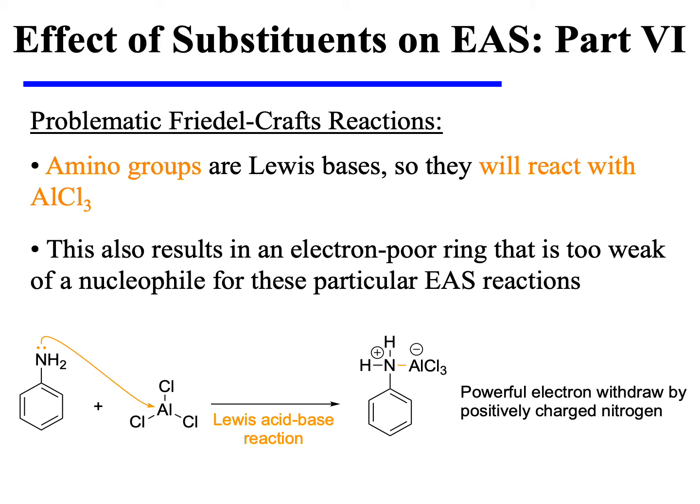And this is because of the powerful electron withdrawal through induction by the positively charged nitrogen. The intensely electron deficient ring that results is too weak of a nucleophile for Friedel-Crafts reactions.